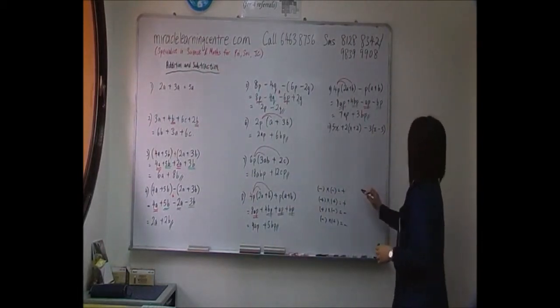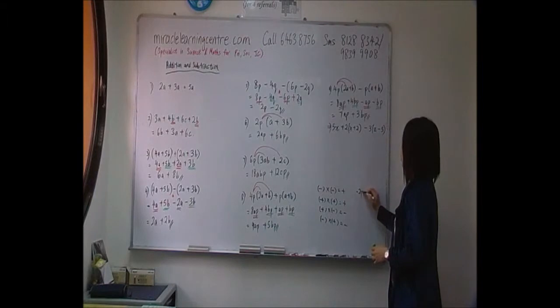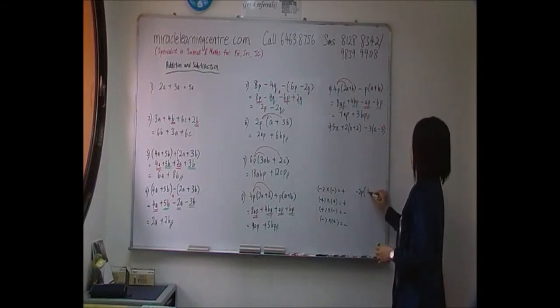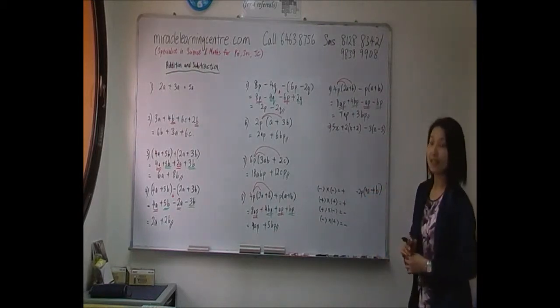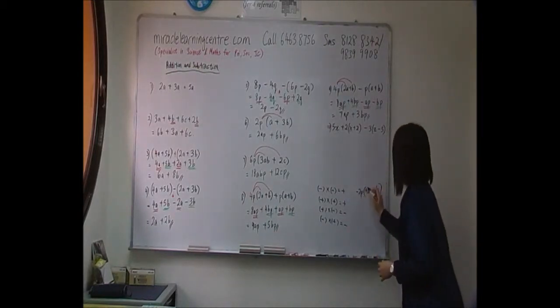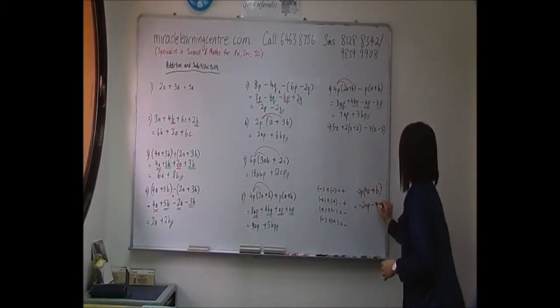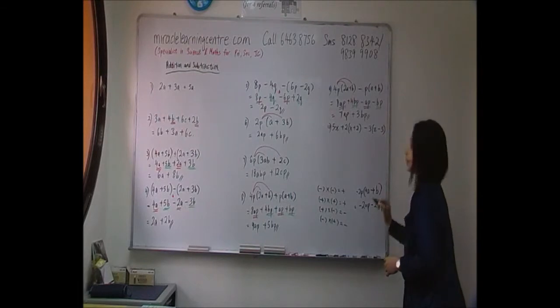So when you multiply minus 2p into a plus b, there's actually a plus beside a. So you multiply in, it becomes negative 2ab, negative 2bb.